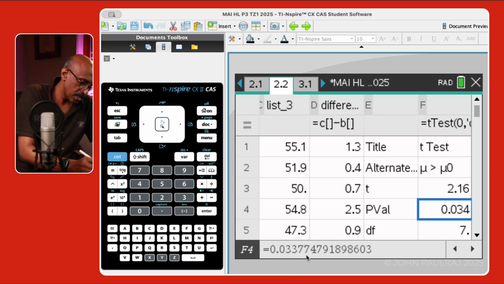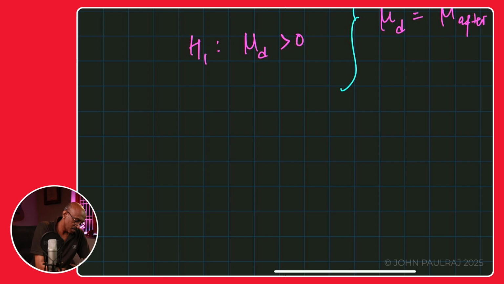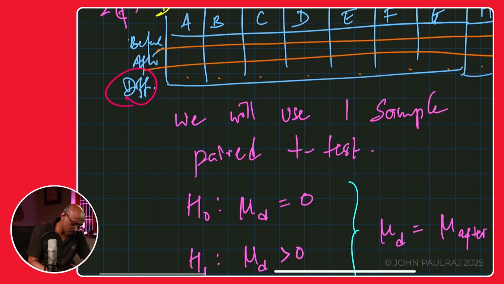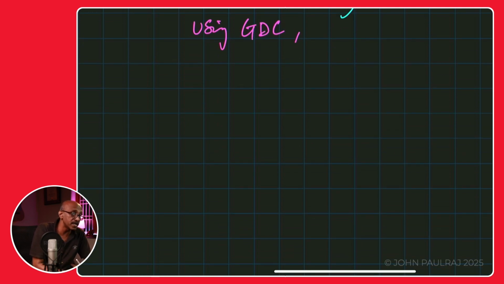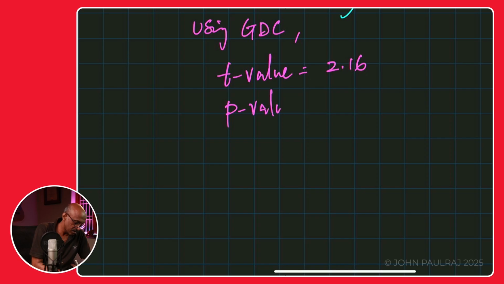So I will say on my answer script, using GDC. And we have already indicated that we use the one sample pair t-test. And we will say using GDC, we are getting the t value as 2.16, and the p value we are getting as 0.0338.